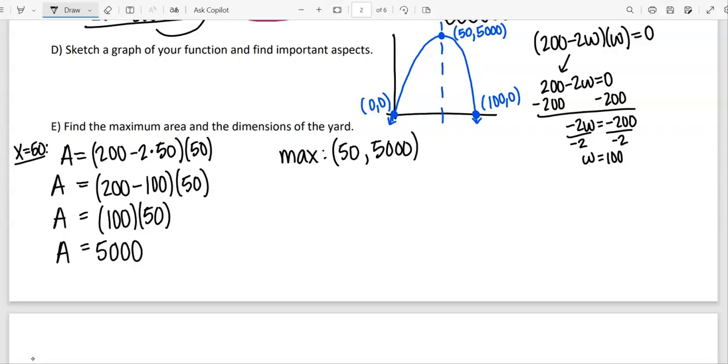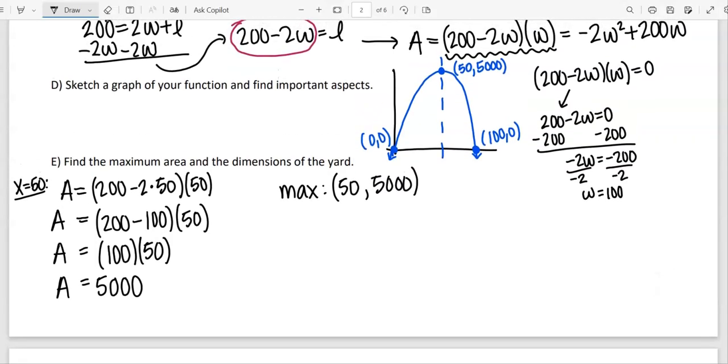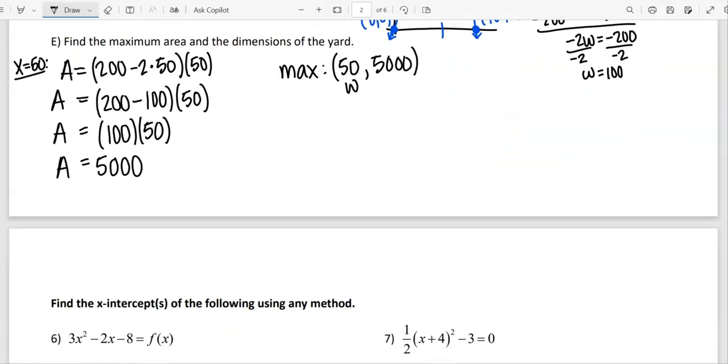50 is your input to your equation. What was the input to our equation? What took the place of our x variable? Variable. Letter. W. So our input is W, or what? What's W stand for? Width. So our width is what? 50 what?